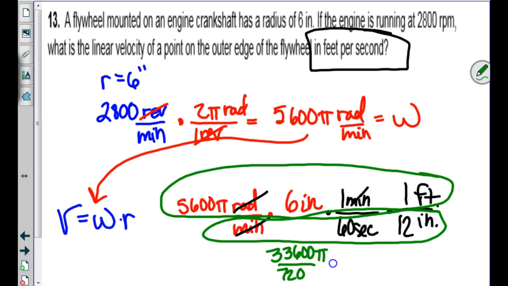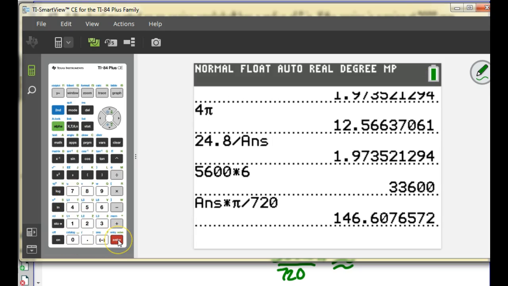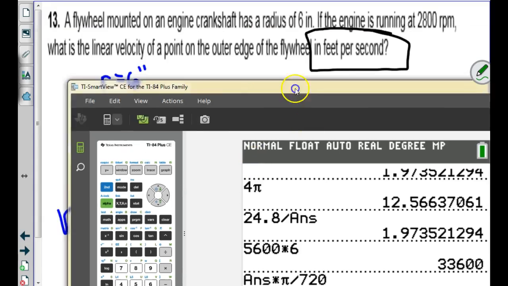Okay, so now if you type it all in and give me a decimal, anybody? Did it have 2 zeros or 1? It had 2, right? Okay, times pi. And then divided by 720. 146.6, okay?